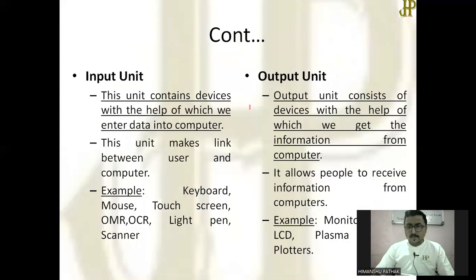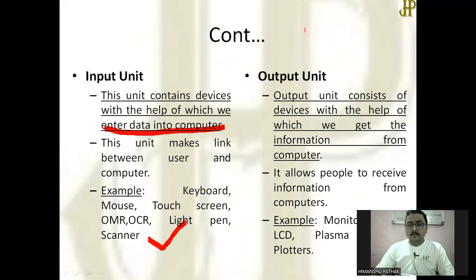So I already discussed what is input devices. The unit which contains devices with the help of which we can enter data or instruction into the computer. That can be anything: keyboard, mouse, touch screen, OMR, OCR, light pen, scanner, and many more.